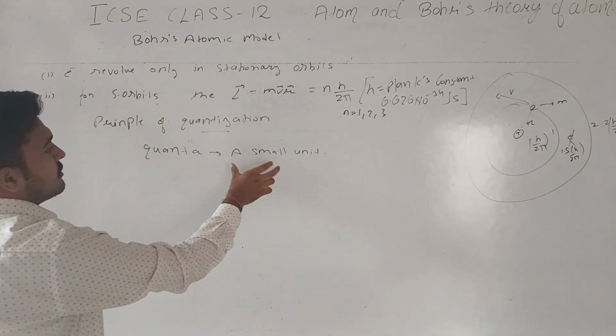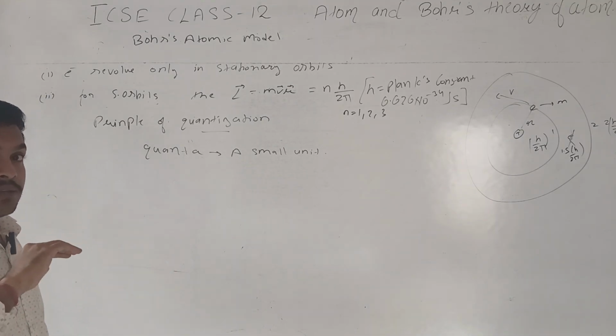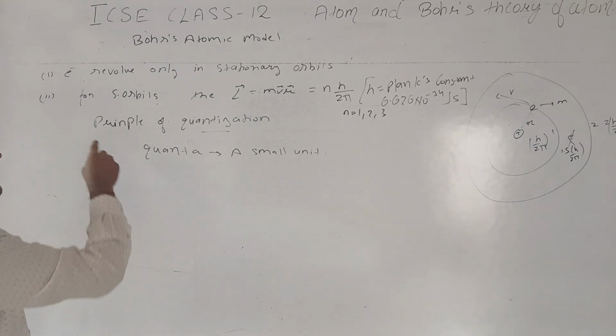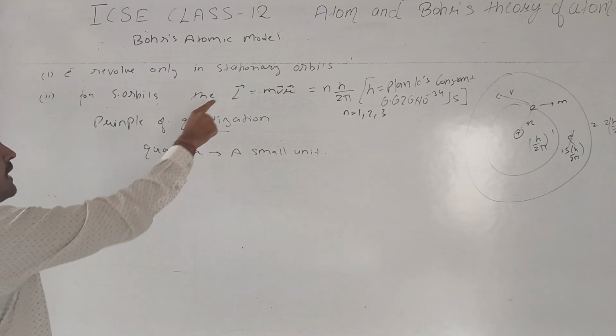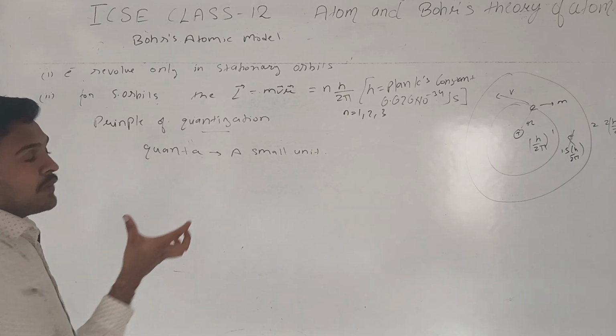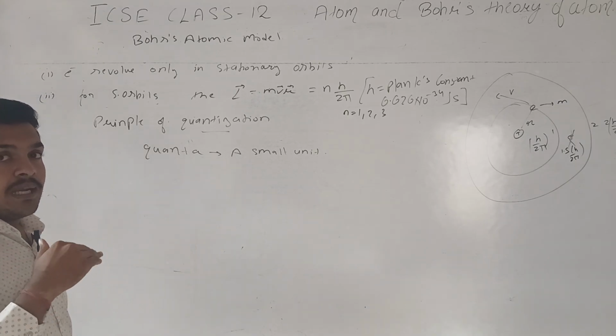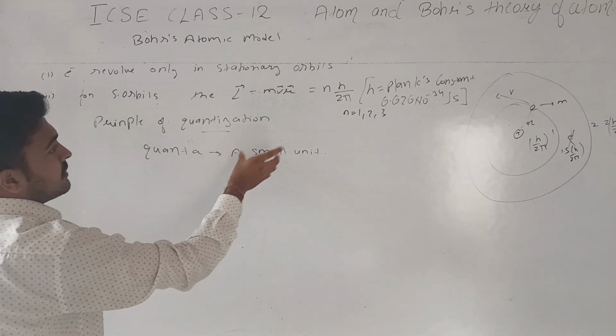There is a minimum value of angular momentum, h upon 2 pi, the quanta of angular momentum, and it can only have values which are integral multiples of this unit.